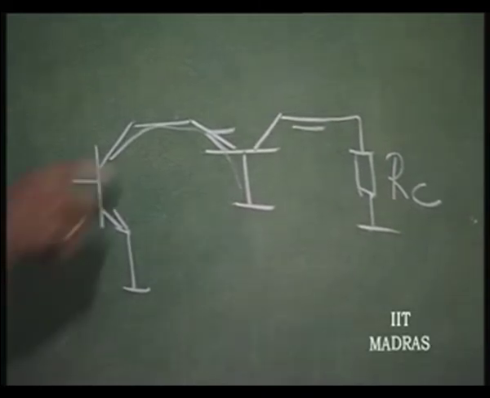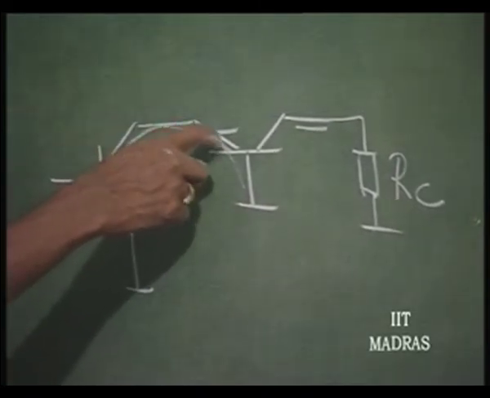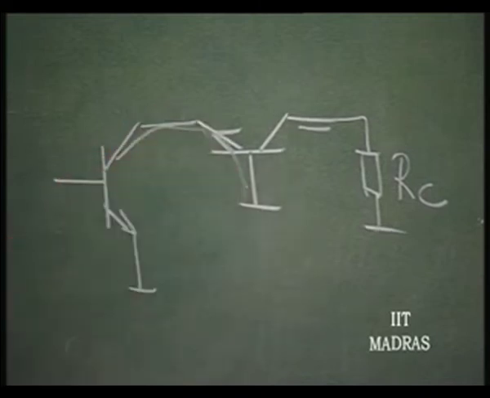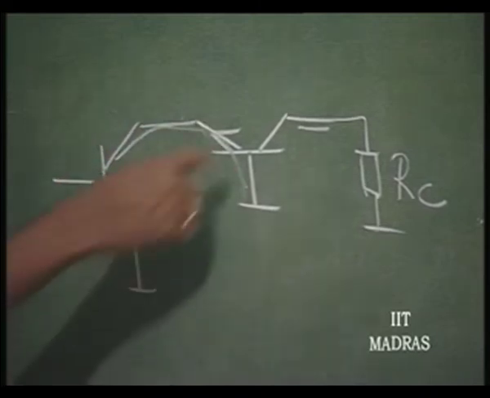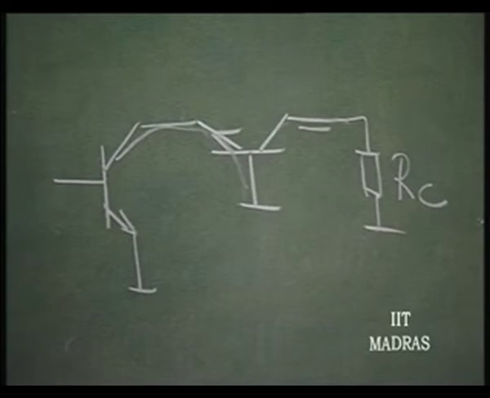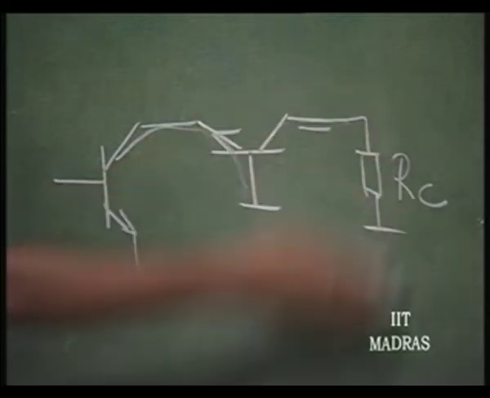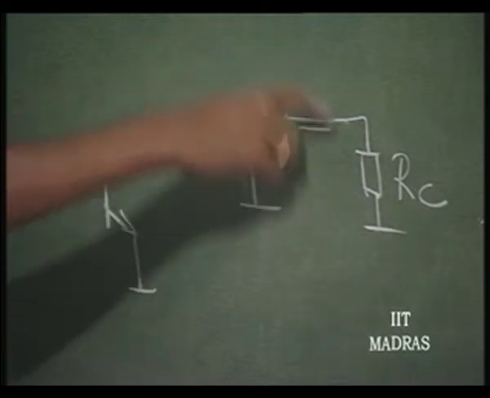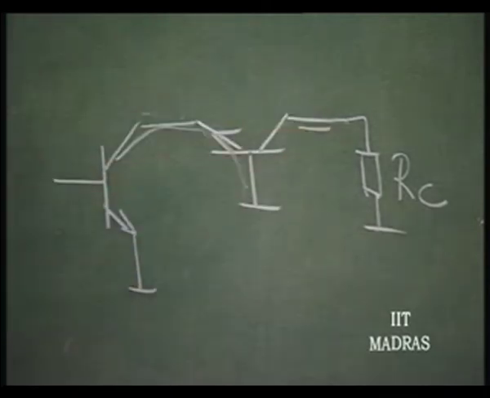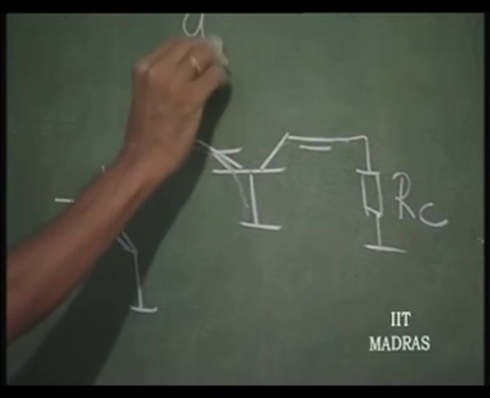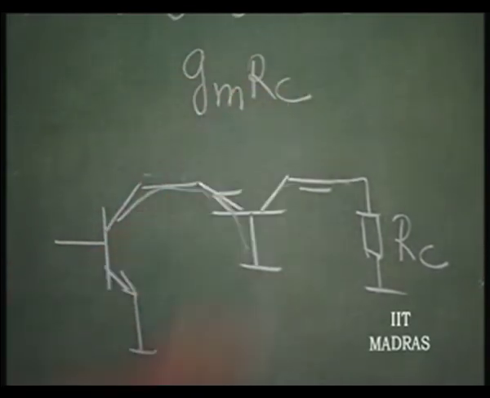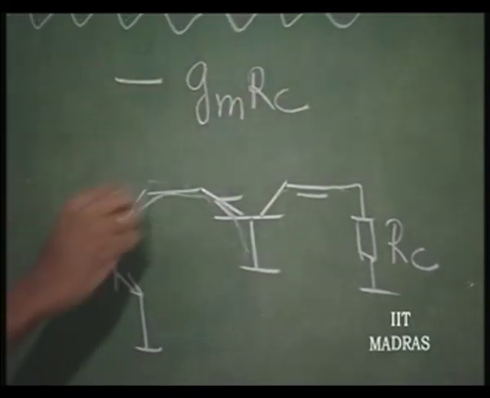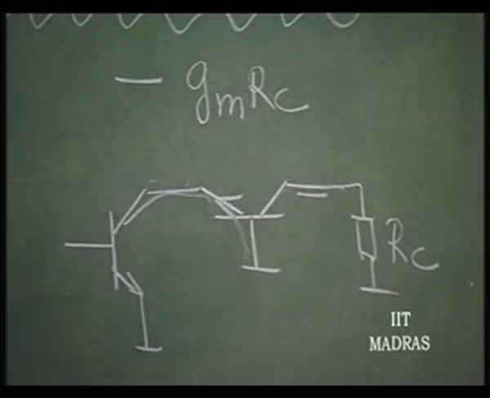This particular current is now going to flow into this R E, and is going to appear as alpha times that current. And now it is flowing through R C. Earlier it was going into R C. So, as far as this structure is concerned, the gain still remains as minus G M into R C, because even the phase has not changed.